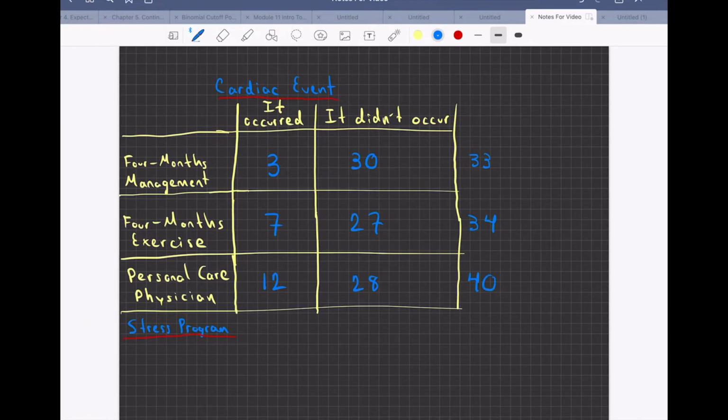You see the total. And here it is convenient that you compute the total as well. This is 3 plus 7 is 10 plus 12 is 22. And this 30 plus 27 plus 28, I think is 85.